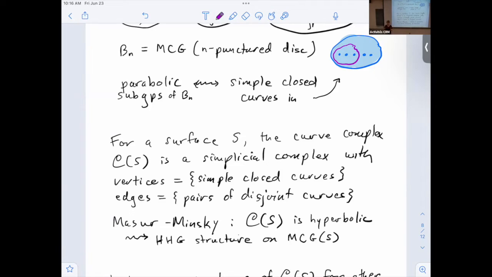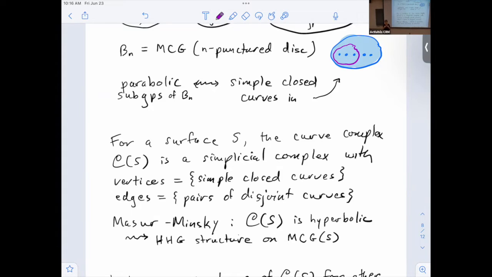So you get an action of the mapping class group on a hyperbolic space. This has been used as a motivating model for the whole theory of hierarchically hyperbolic groups and spaces. If you've ever seen this, this mapping class group action on the curve complex has motivated a lot of recent study in geometric group theory.